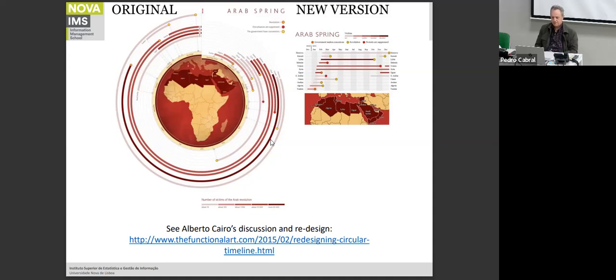On the right, we have an improved version. I mean, improved in terms of accuracy. You can see much better real values, and also in terms of effectiveness, because we are much faster to read the values on the right than the values on the left.